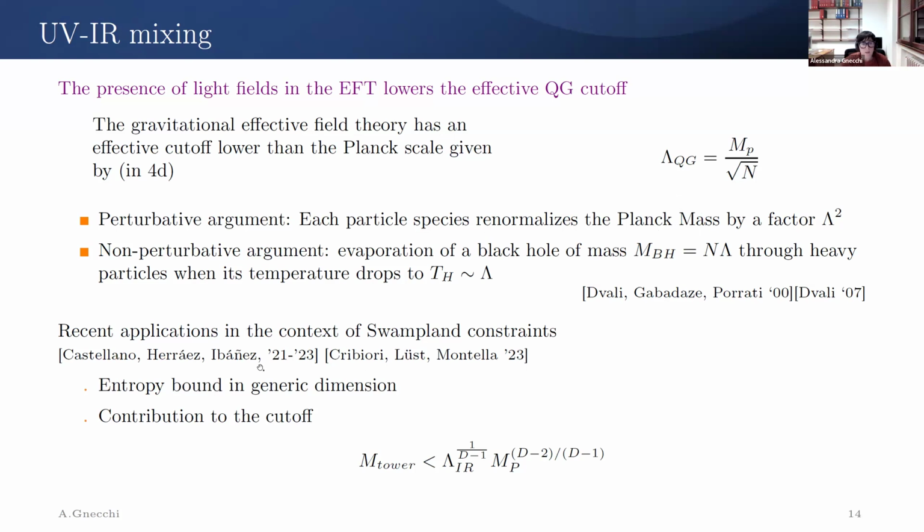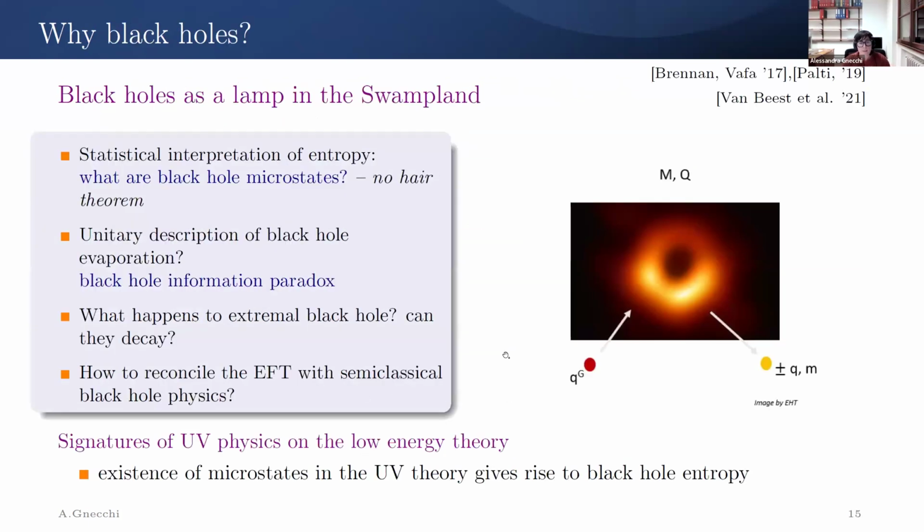There's been some studies recently that take this species scale more into the string phenomenology approach, and it's possible to get entropy bounds in generic dimensions and generalize these bounds in any possible compactification of string theory, and they all work the same. But let's go more into the black hole story.